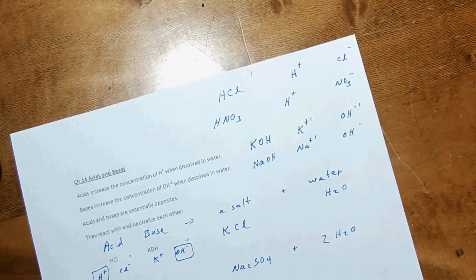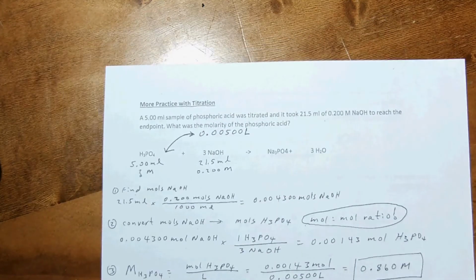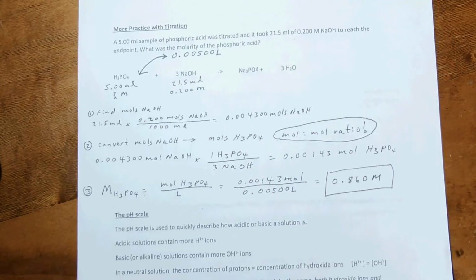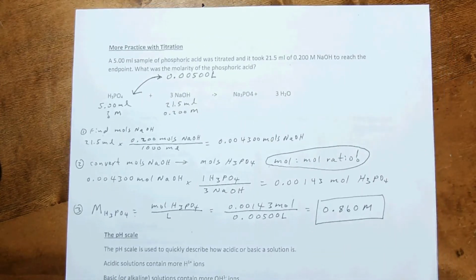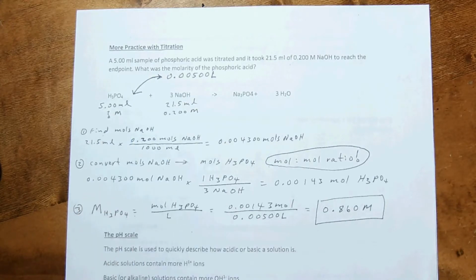There's also another problem for you to work, an additional practice problem in the packet of notes. And here's the answer key to that one. So it's just like the last one. It's walking you through the titration of a phosphoric acid sample. I'm not going to work this on the video, but if you need a little bit more practice, the notes are there. The answer key is in the notes.